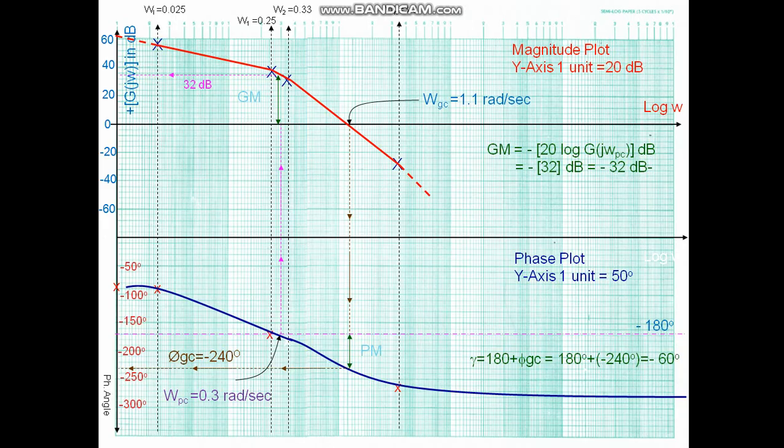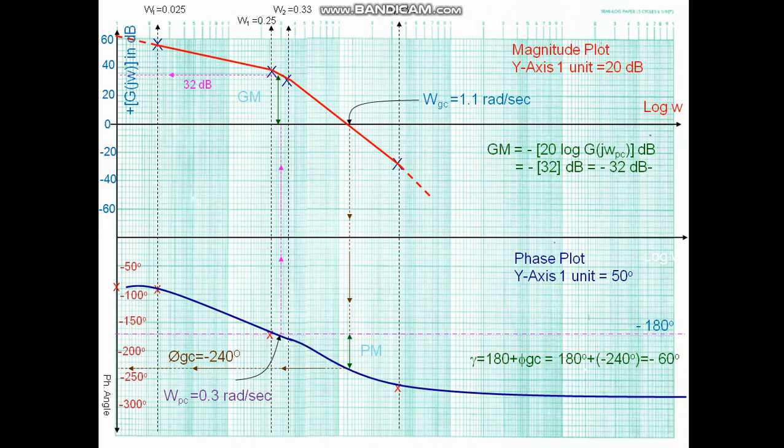In the magnitude plot, when the 0 dB line cuts the magnitude plot, that frequency is known as the gain crossover frequency. In the same way, when the minus 180 degree line cuts the phase plot, that point is known as the phase crossover frequency.